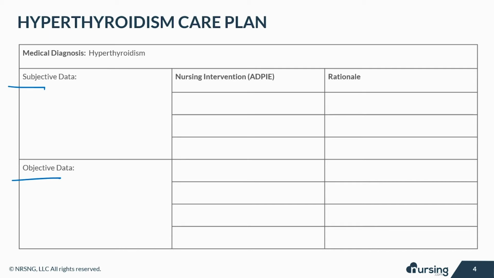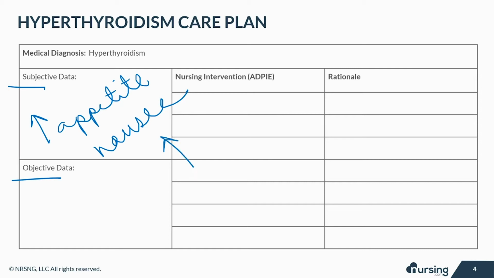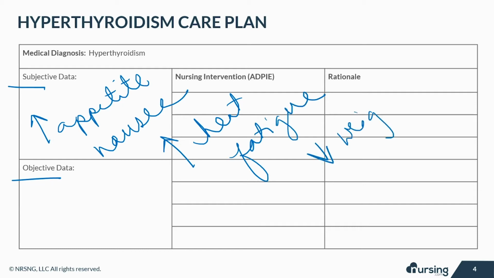Now remember, subjective data, these are going to be things that are based on your patient's opinions or feelings, like increased appetite, nervousness, nausea, changes in menstrual patterns, increased sensitivity to heat, fatigue, difficulty sleeping, sudden weight loss, and more frequent bowel movements.